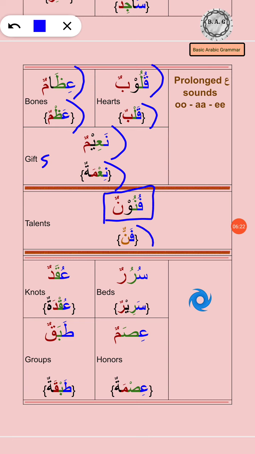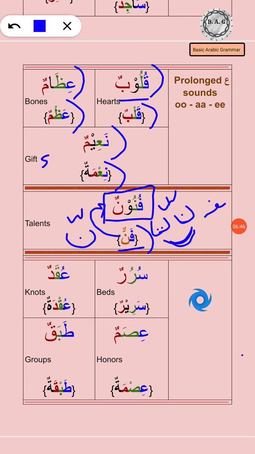The root word is fanun, and the root letters are fa, noon, and another noon. These two noons have been gathered together, and a tashdid gets added to them. So we have fanun, which becomes fununun. It's this pattern, qulubun.